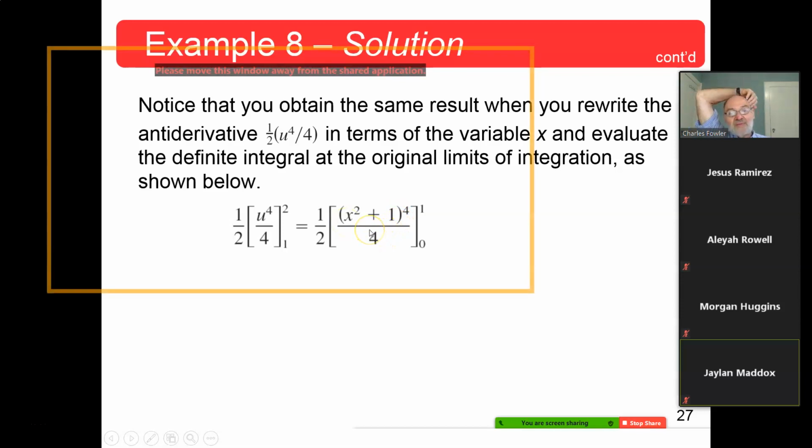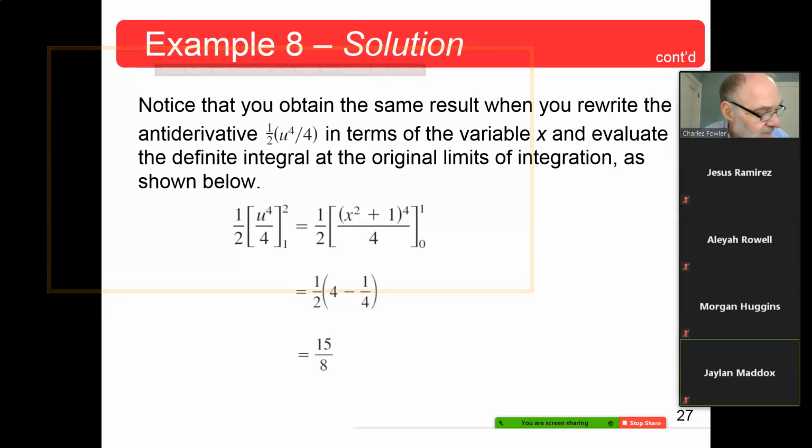So there you got the same thing. 16 fourths minus 1/4 is 15 fourths times 1/2 is, there it is, the way they did it. 1/2 of 4 minus 1/4 is 15/8. To me, that's the longer way to get around your elbow to get to your ear than going straight to your ear. Okay. Any questions on that?